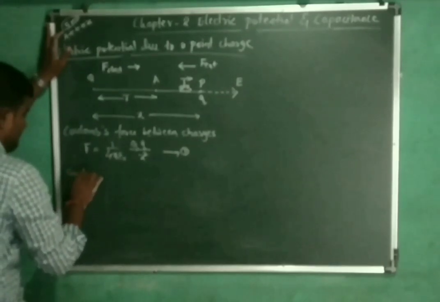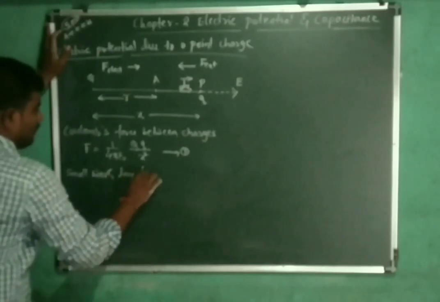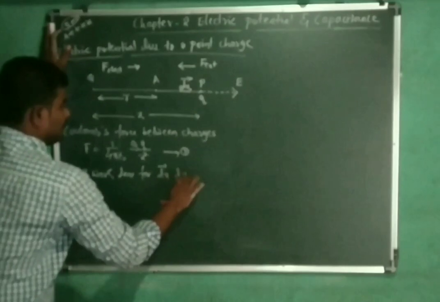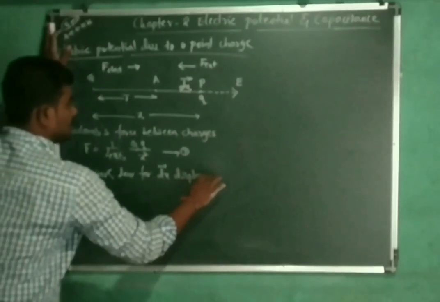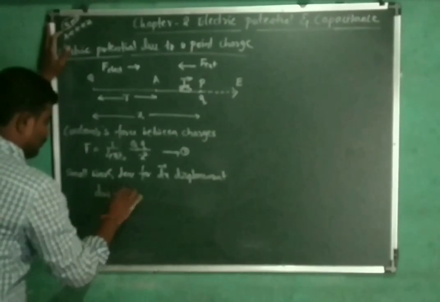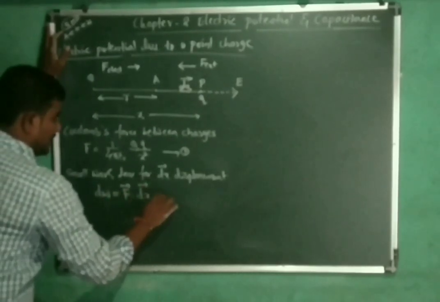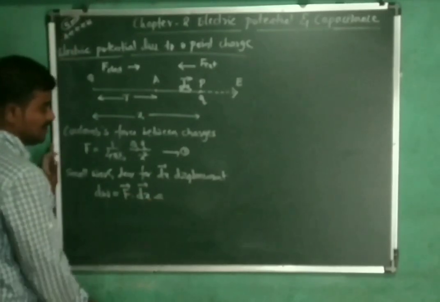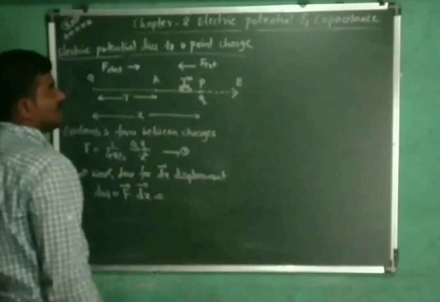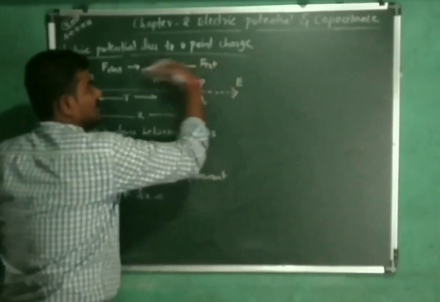Small work done for dx displacement is going to be dw is equal to force into displacement, and the angle between force and displacement is how much? It is 180 degrees. See here, the electric force is in this direction and the displacement is in this direction.